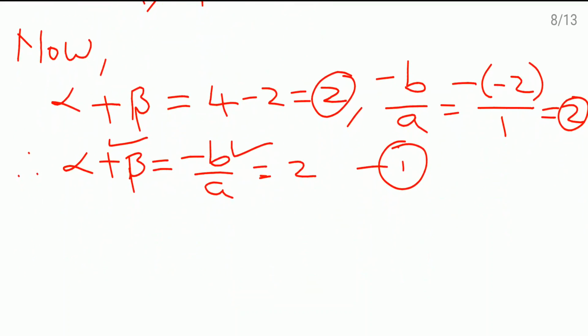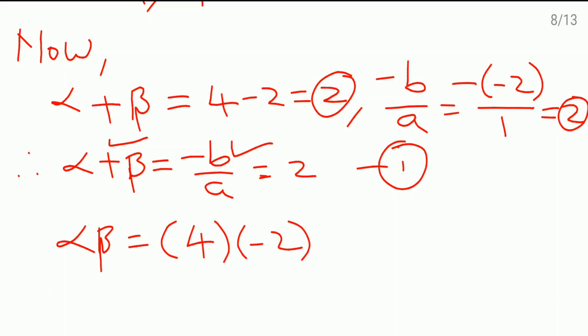So here we can see the relationship between the zeros and the coefficients, right? Now next I will write down the product of zeros. So alpha into beta, where alpha is 4 and beta is minus 2, comes as minus 8, and c by a. C means the constant term. The constant term is minus 8, and a, which is the coefficient of x square, is 1.